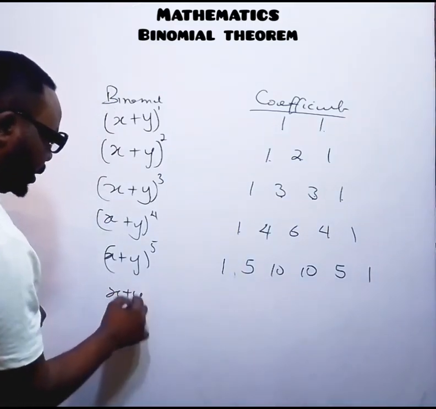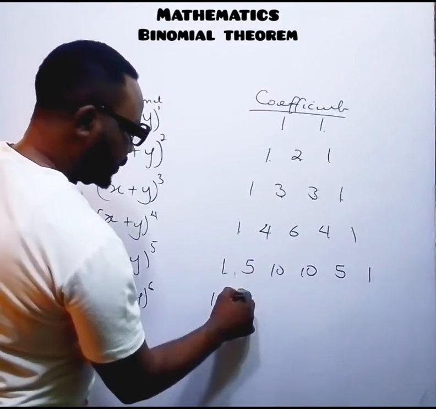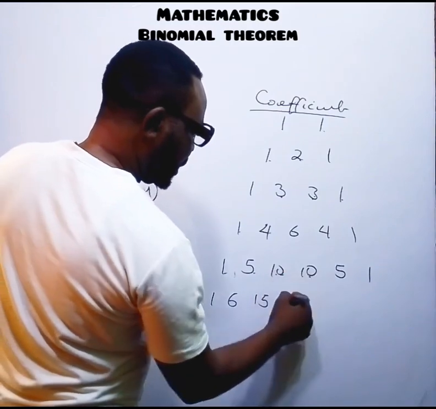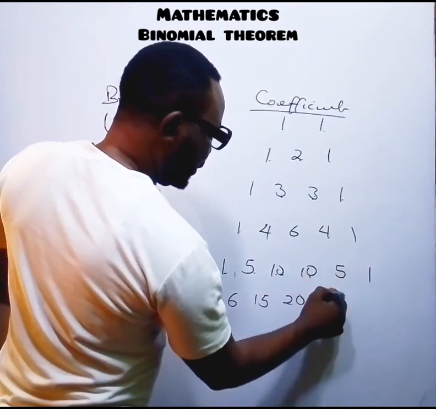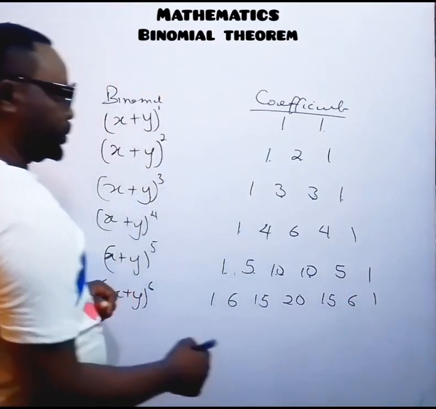X plus y raised to the power of 6 will be 1, 1 plus 5, 6, 5 plus 10, 15, 10 plus 10, 20, 10 plus 5, 15, 5 plus 1, 6, and 1.